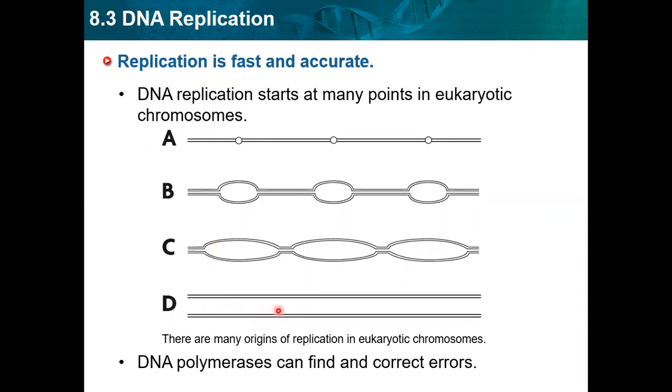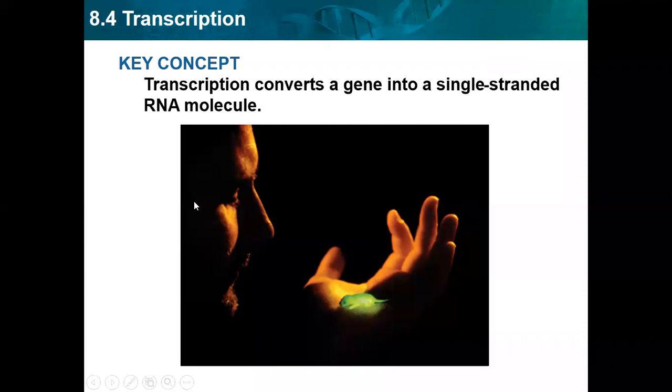Because if there is a mistake, if there is a frameshift or whatever happens, there will be a wrong reading and it's going to cause a wrong protein to be formed, which can lead to mutation. That's the reason why the DNA polymerase needs to find and correct the errors before the process of transcription is started.